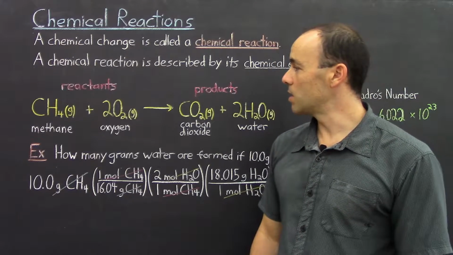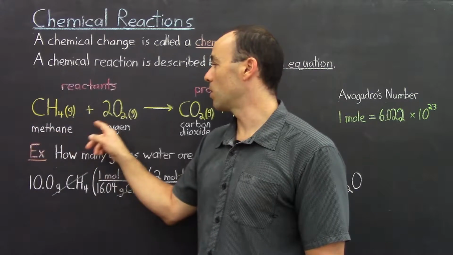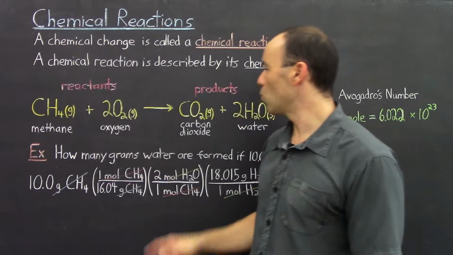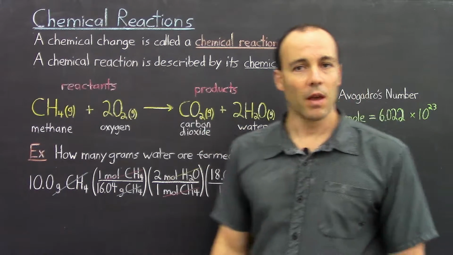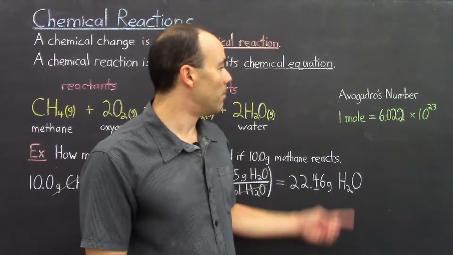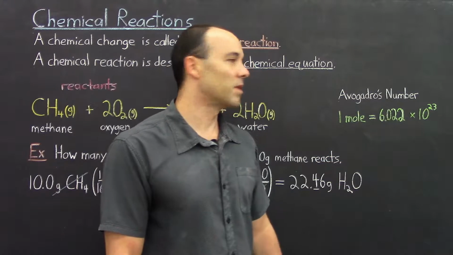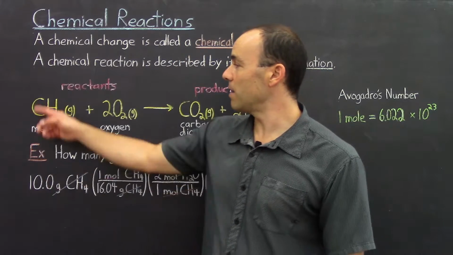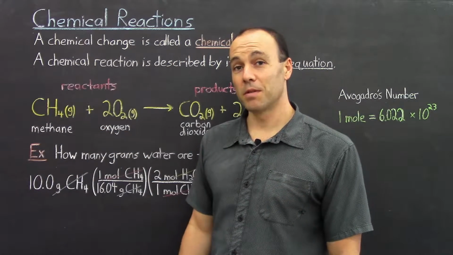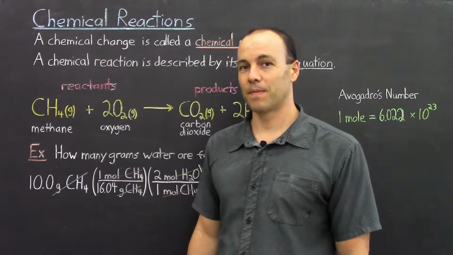And you could say that 1 mole of methane reacts with 2 moles of oxygen to produce 1 mole of carbon dioxide and 2 moles of water. You should remember that a mole is the same thing as 6.022 times 10 to the 23rd. So when we talk about a mole of methane, we mean 6.022 times 10 to the 23rd molecules of methane. So that's quite a lot.